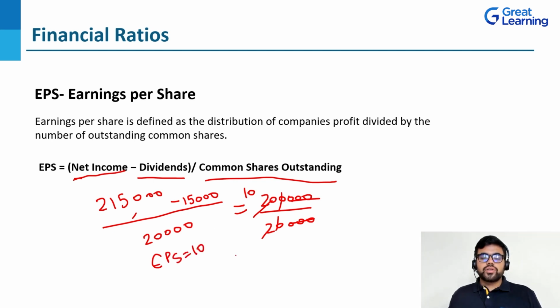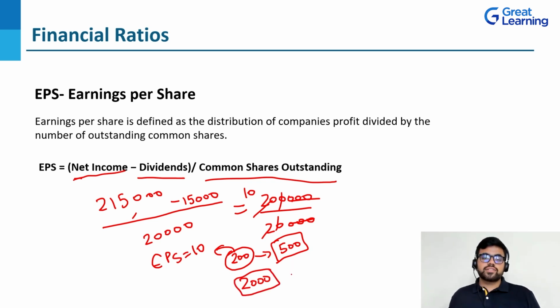Let's say that you as an investor have bought 200 shares of the company at, let's say, 500 rupees price. If I multiply these 200 shares with the EPS, it would give me 2000 rupees. Now this 2000 rupees is the company's earnings that it has got because of you, because you have invested the money.